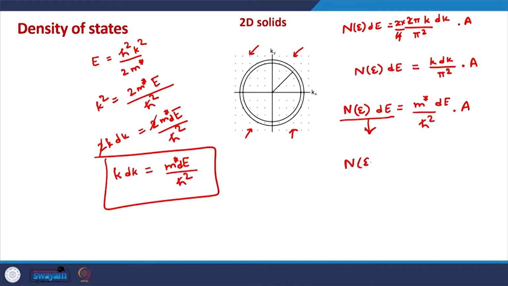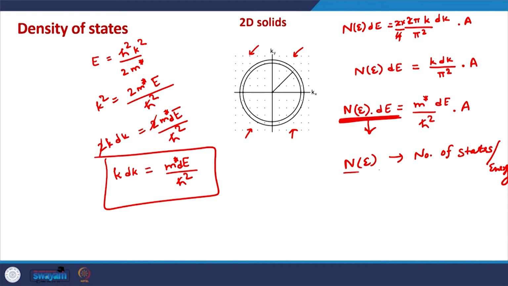So, Ne would be the number of states per unit energy. This entire left hand side expression, Ne times dE, is the number of states in the energy range from E to E plus dE basically.